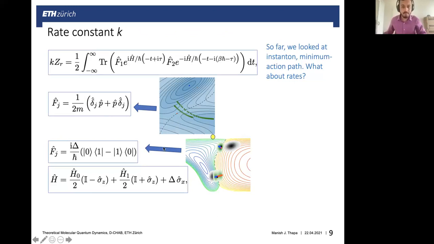And like I said, it involves two electronic states, 0 and 1, and each of the electronic states has an associated potential energy surface. And the Hamiltonian can be written like this. It is basically a tensor product of electronic state and nuclear Hamiltonian.